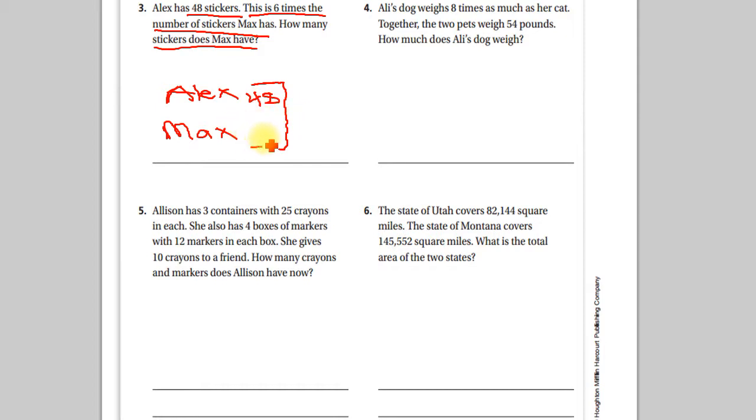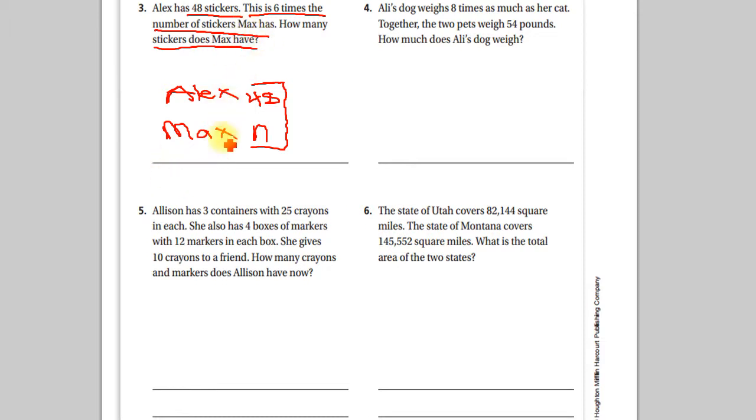Now, we don't know how many Max has either, but we know something about the number of stickers Max has. It says the 48 stickers that Alex has is 6 times the number of stickers Max has. So we don't know how many Max has, right? So that's our n. We don't know.